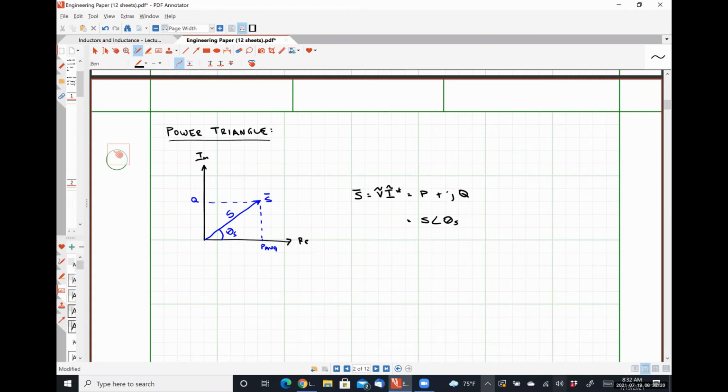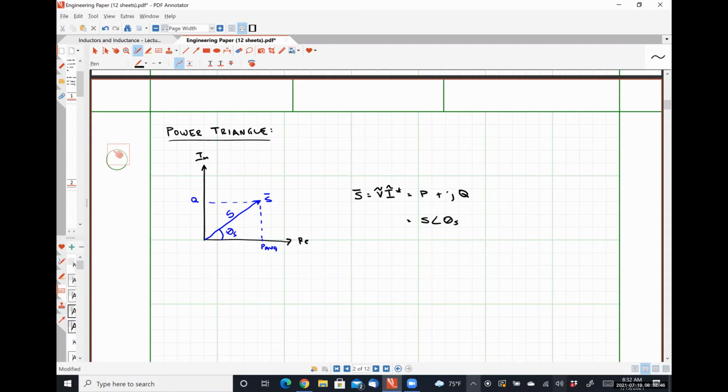There's really no reason to memorize those 10 equations I gave you earlier if you can understand those two simple relationships and use your calculator effectively. The only thing you need to memorize is V times I conjugate and the triangle, and you have everything built into those relationships.